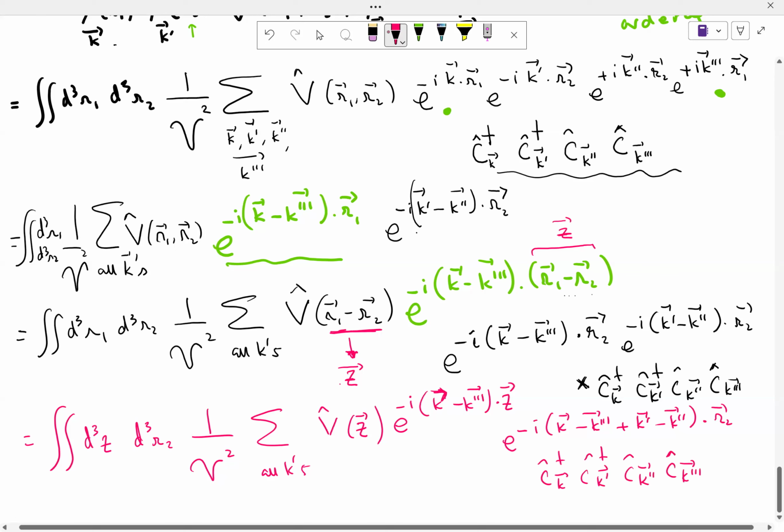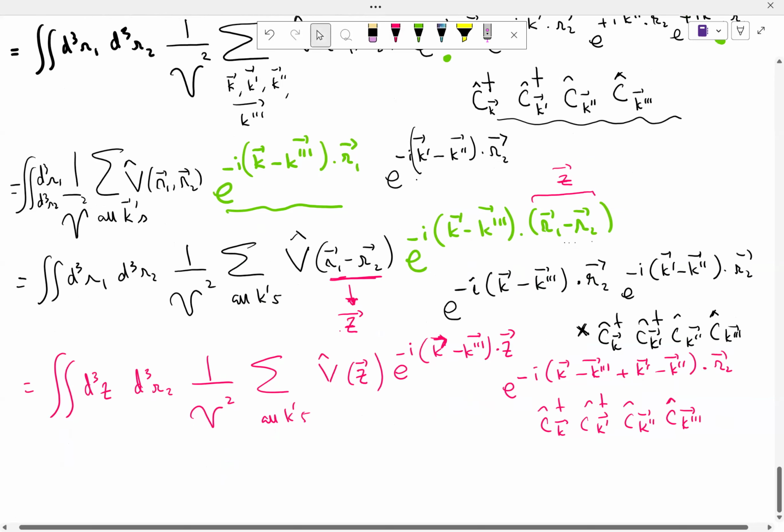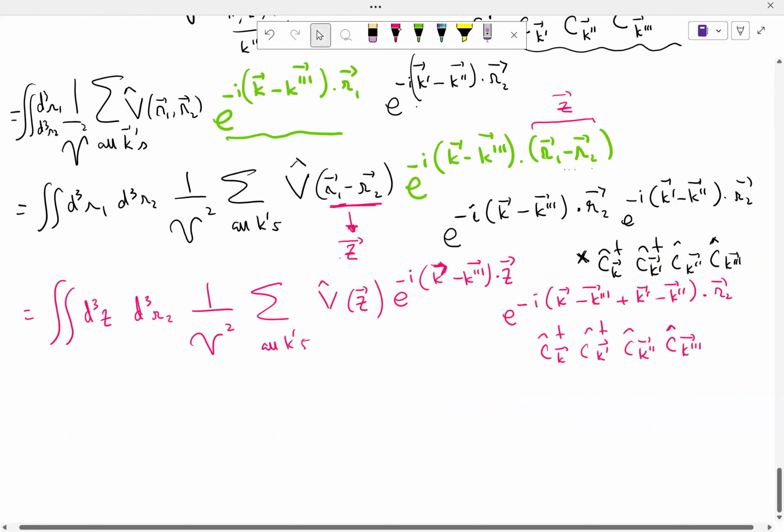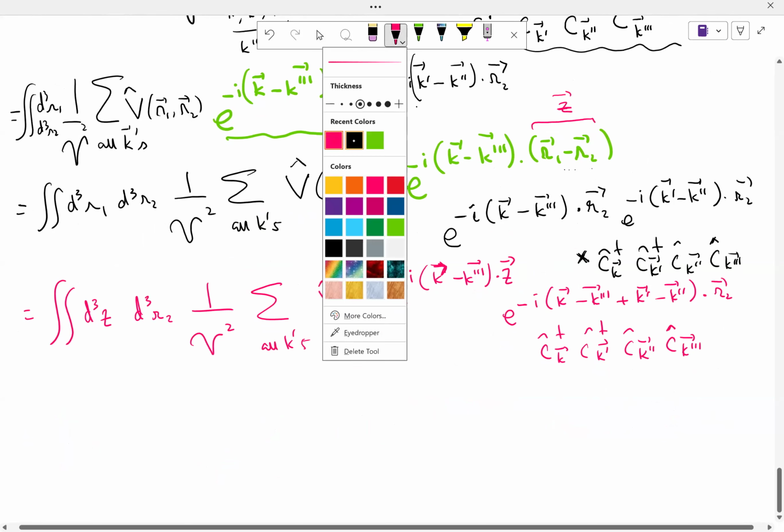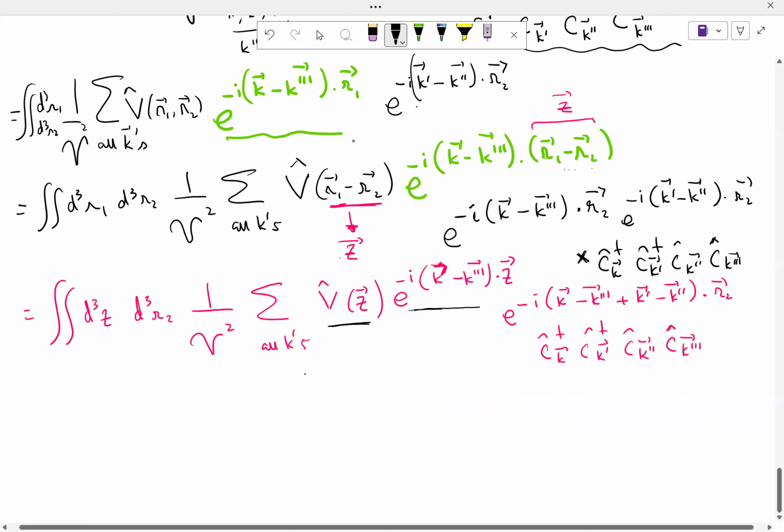All right, now we can actually do something really interesting. If you observe carefully, this term and this term only have a z in them. And I can combine this with this integral, d cube z, and take out one of the volumes.